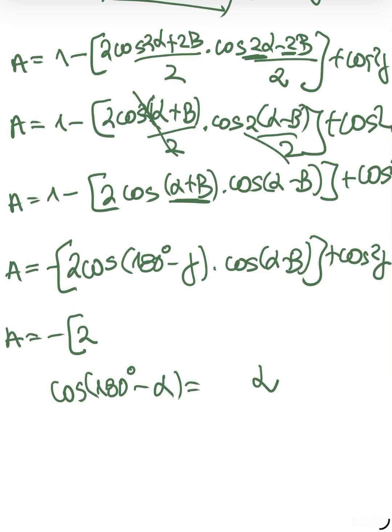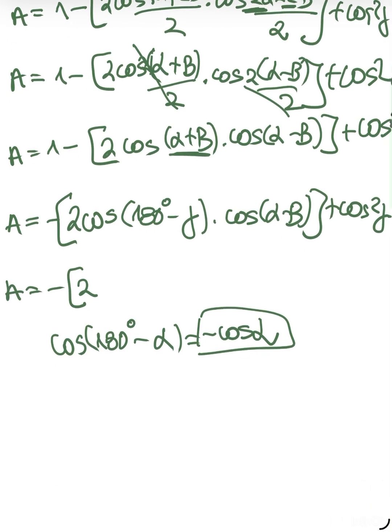Sorry for the mistake. It's equal to minus cosine of alpha. So we have minus cosine of gamma.